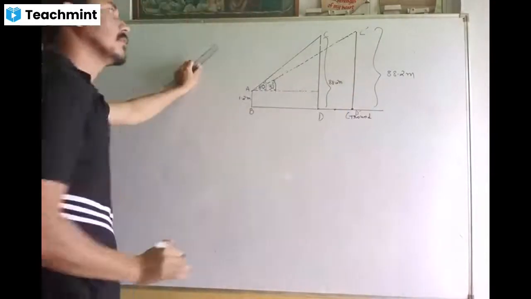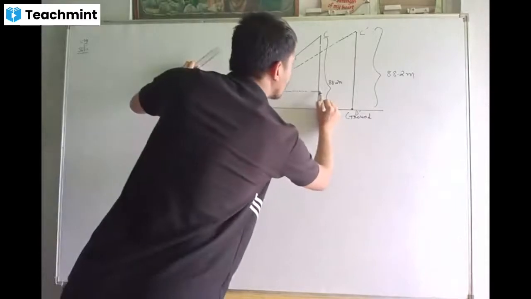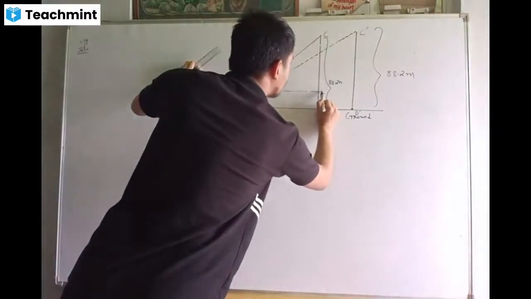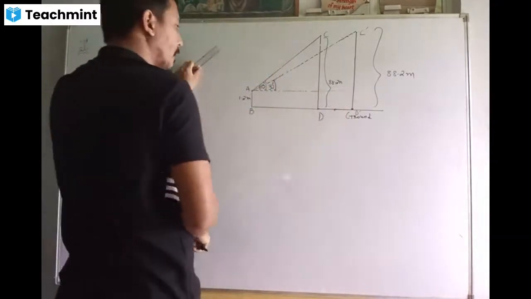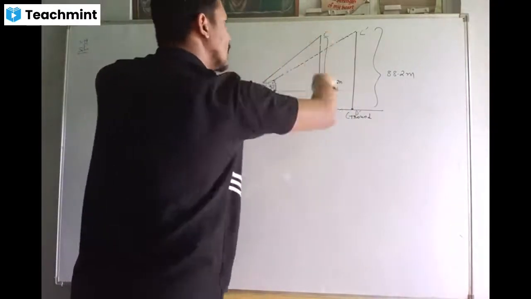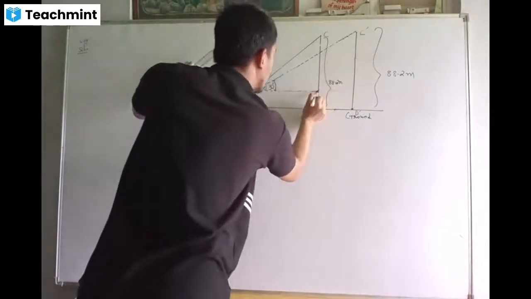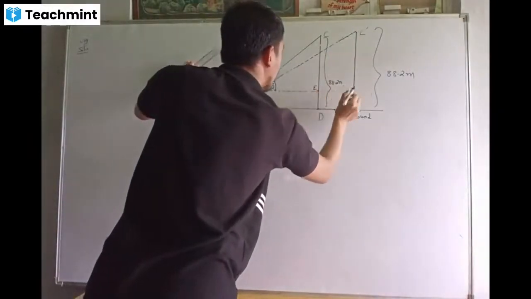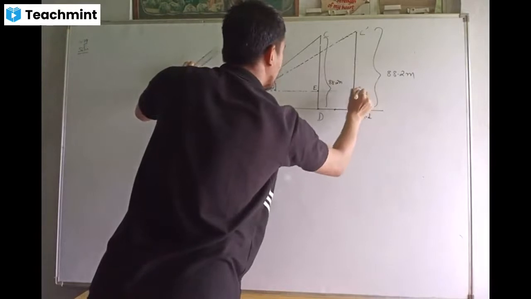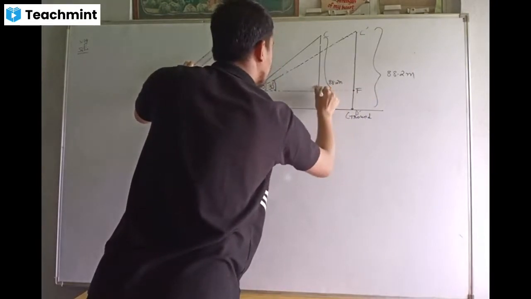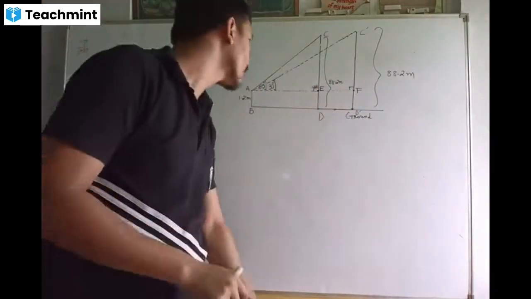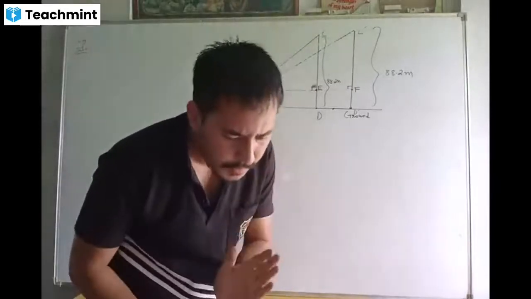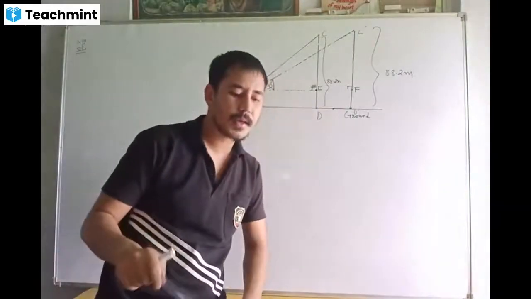Now let me complete the figure like this. So A, B, C, D, C dash, D dash. Let me give this point as E, and this point as F. Now you say, class, we want to find out the distance traveled by the balloon.